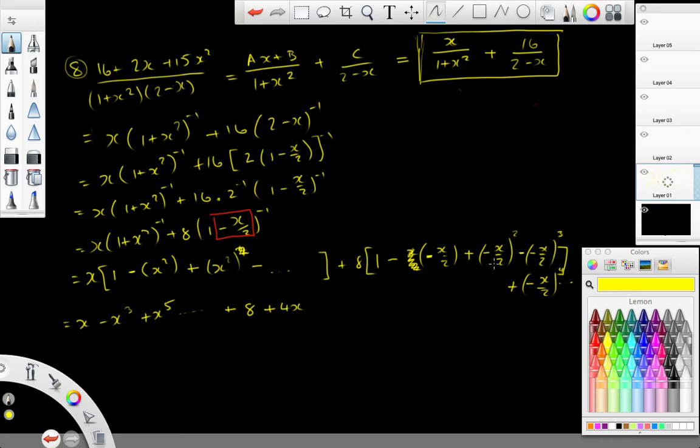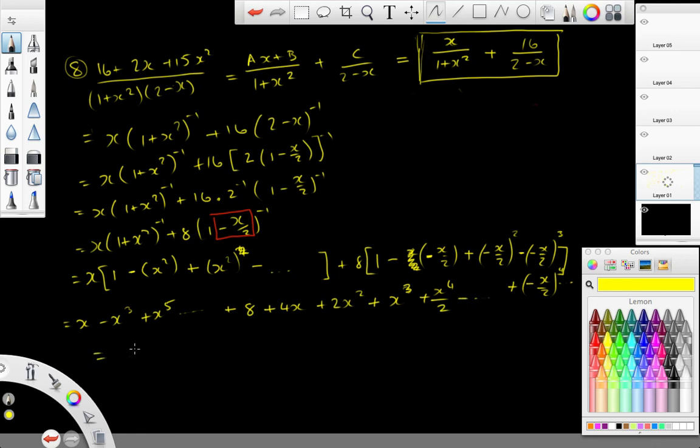Then x squared over 4 times 8 is plus 2x squared. Then minus x cubed over 8 times minus is plus x cubed over 8, times 8, it's just x cubed. And then x to the power 4 over 16 times 8 is x to the power 4 over 2, and then we've got other things.